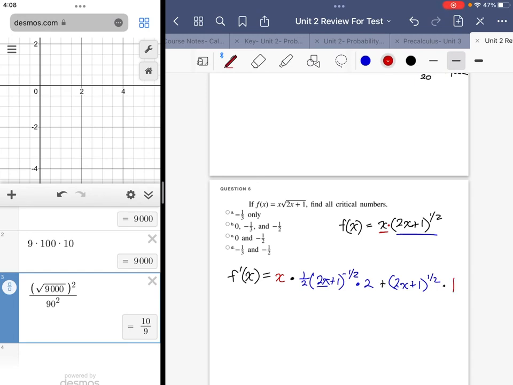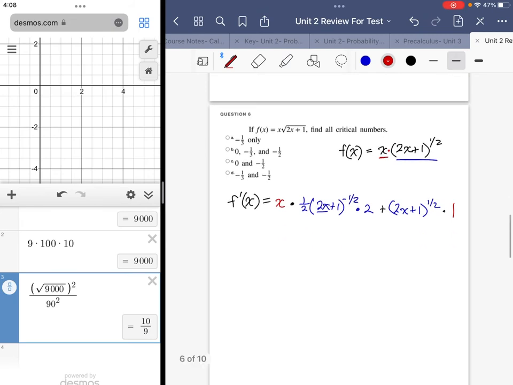All right. Now, what I'd have to do is take this and set it equal to 0 and 1 over 0, but for the sake of cleanliness, I'm going to clean it up a little bit first. I got the 2's canceling. x would then be over 2x plus 1 to the 1/2 power, plus another 2x plus 1 to the 1/2. Get a little common denominator action going on here.